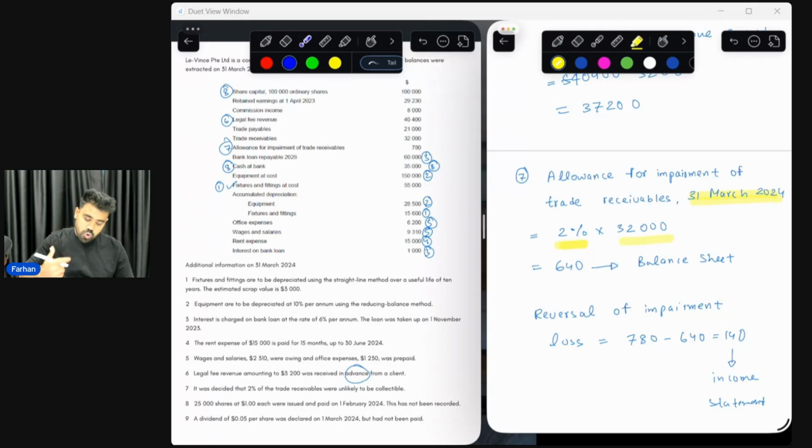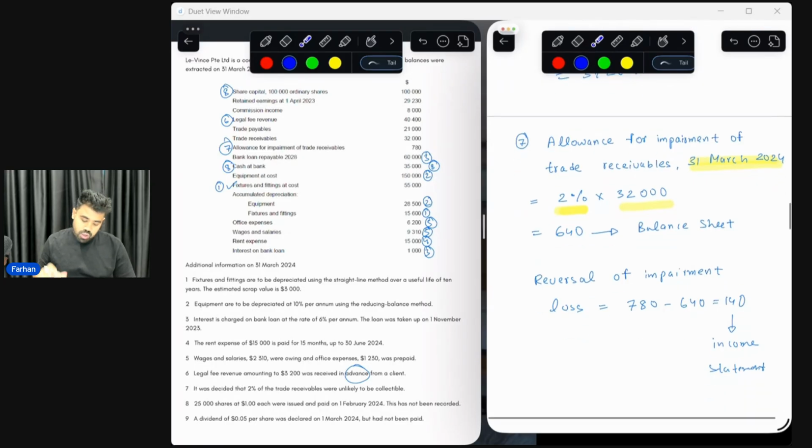So where do we source this amount of trade receivables from? From the list, you can see here, $32,000, all right, for trade receivables. So 2% multiplied by 32,000 gives us $640 as the allowance for impairment of trade receivables at 31 March 2024, which is what we will include in the balance sheet or statement of financial position.